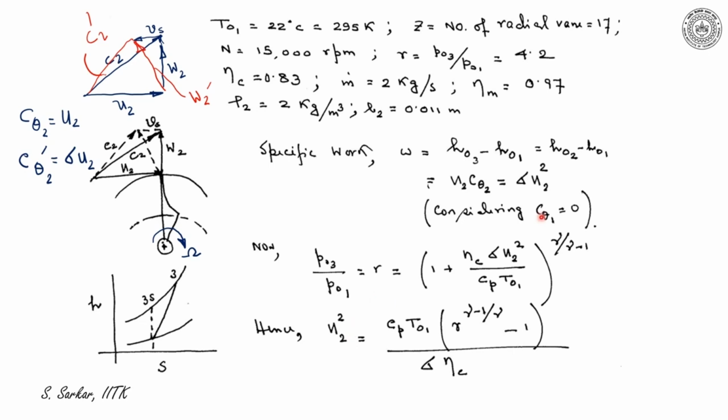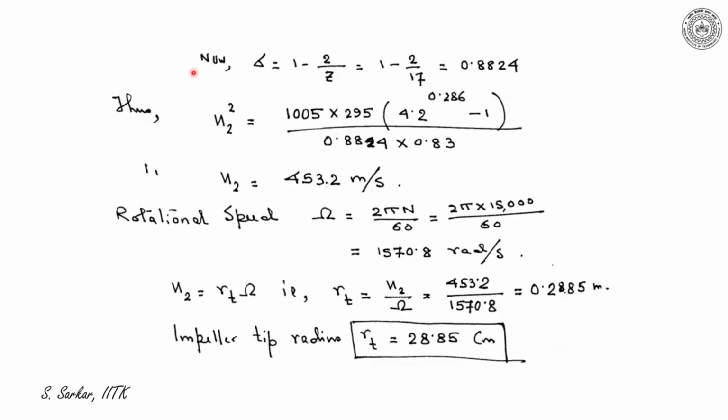Now, from here I can represent U2 square as Cp into T01 within bracket R to the power gamma minus 1 by gamma, minus 1, divided by sigma into eta C. Now, sigma is equal to 1 minus 2 by Z, Z being the number of vanes, that is 1 minus 2 by 17.